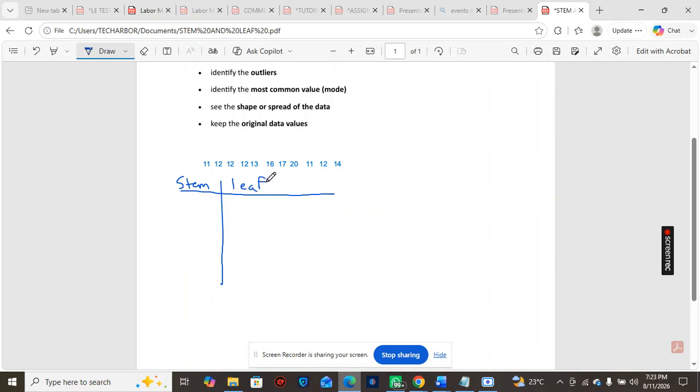So colleagues, remember, the leaf side is always going to have one number. That's the rule you should remember. The leaf side is always going to have one number. The stem side, the numbers can vary.